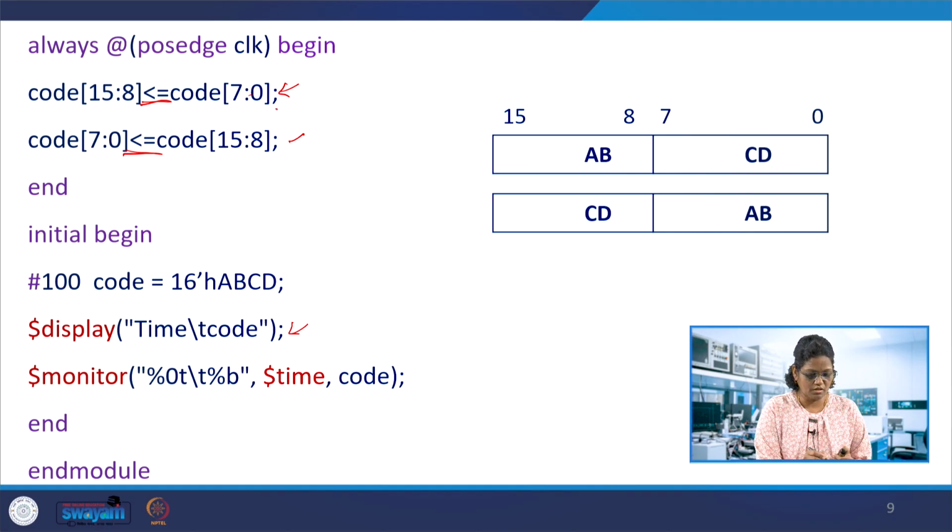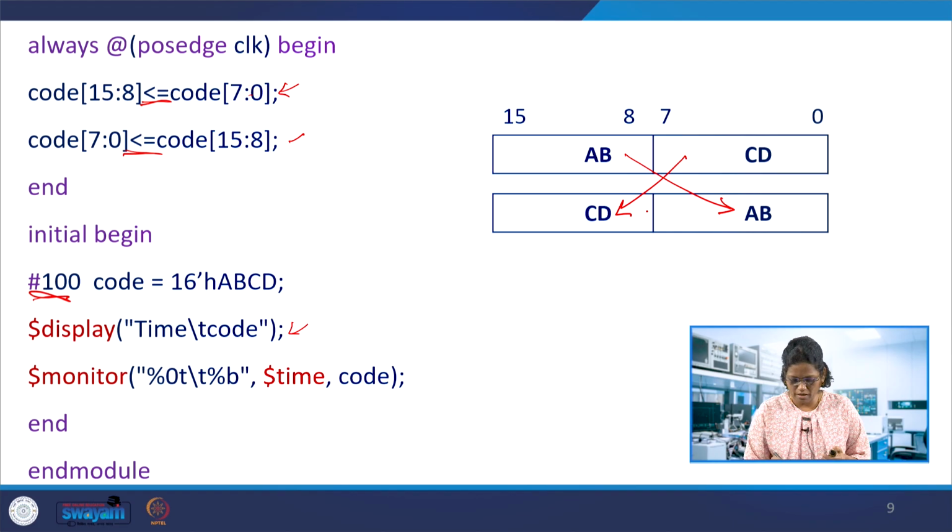That is, at T equal to 0. Because there is no delay involved, unless we specify here, this is 100, the input is given at hash 100. So at the end of the current simulation time, both values get assigned: 0 to 7 has CD which goes to 15 to 8, and AB goes to 0 to 7.